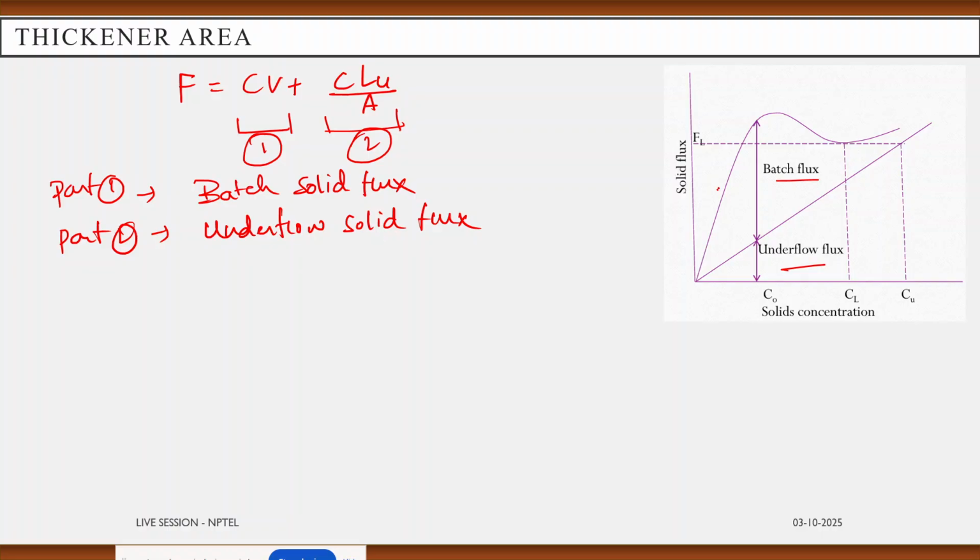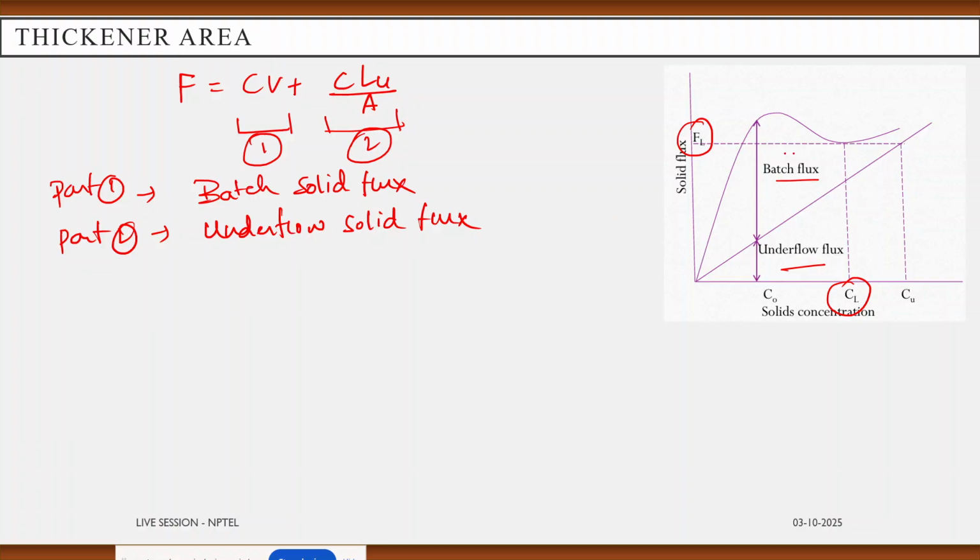So here in this graph you can see that at a concentration of CL, you will have the maximum limiting solid flux at FL, and within the range of C0 to Cu, all other concentrations will give you minimum solid flux.